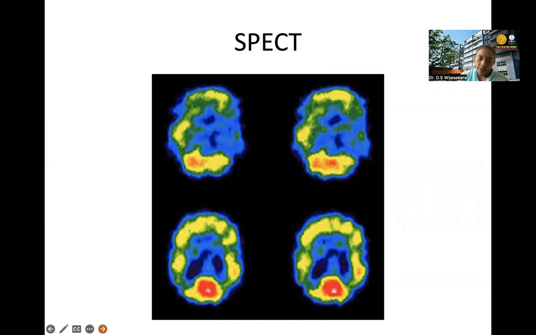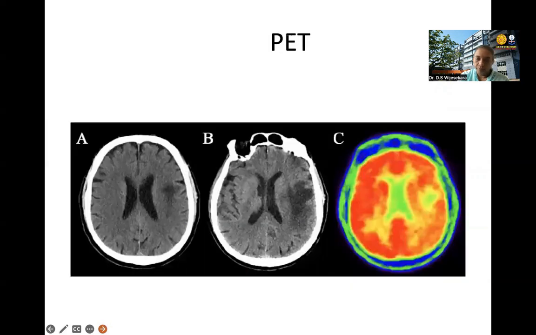That way you try to determine the epileptogenic zone and the focus or the area to do the epilepsy surgery. Then there is the PET scan.